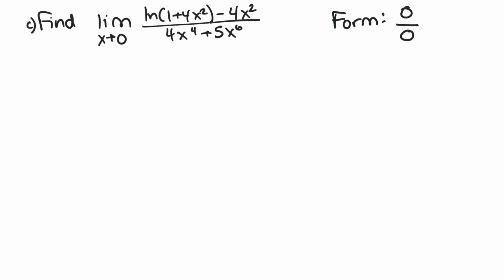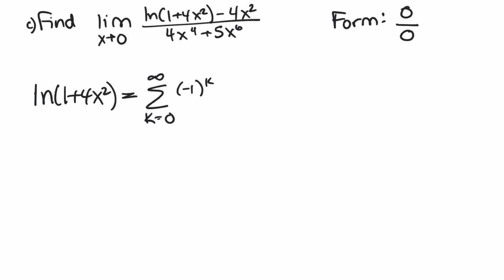And so what we should do is use the Taylor series we just figured out for natural log of 1 plus 4x squared. All right, so remember that that was the sum k goes from 0 to infinity of negative 1 to the k, 4 to the k plus 1, x to the 2k plus 2, all over k plus 1.